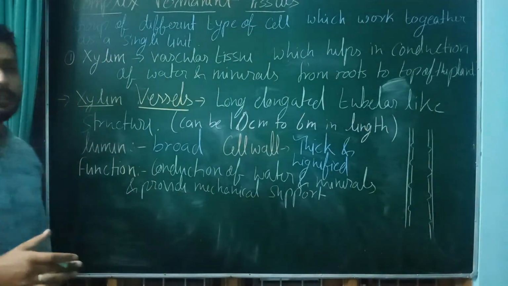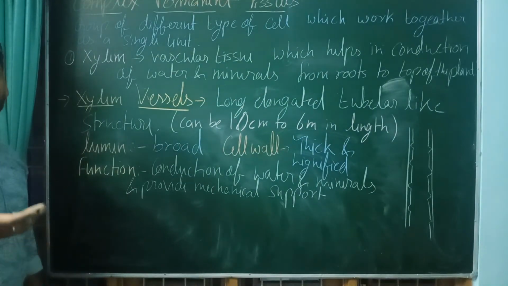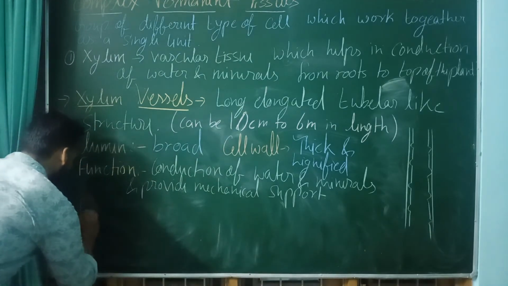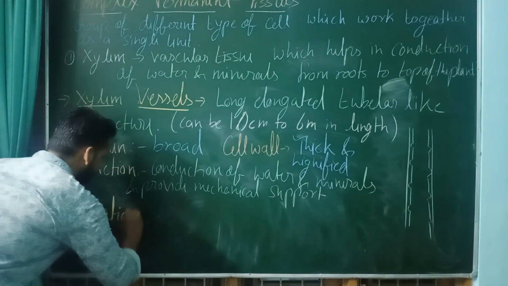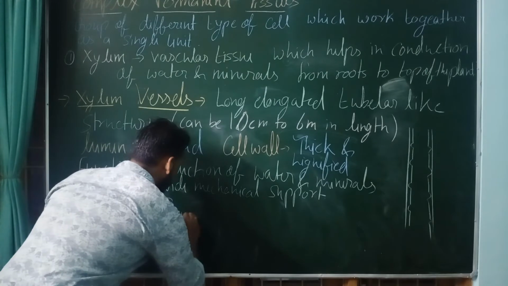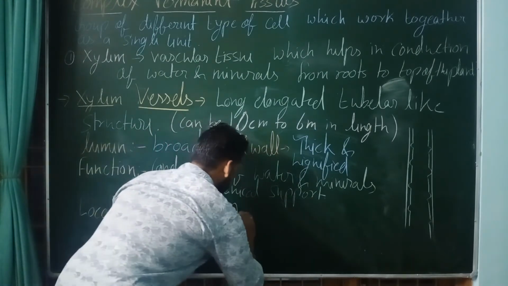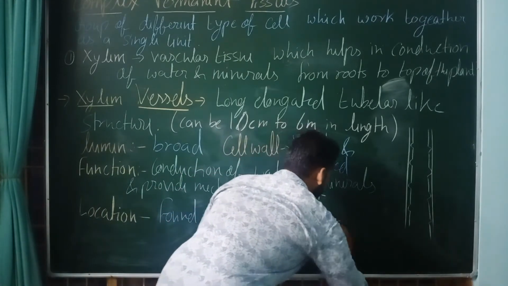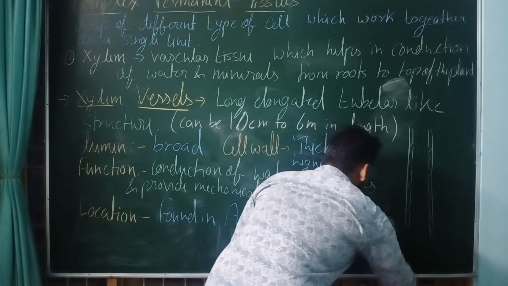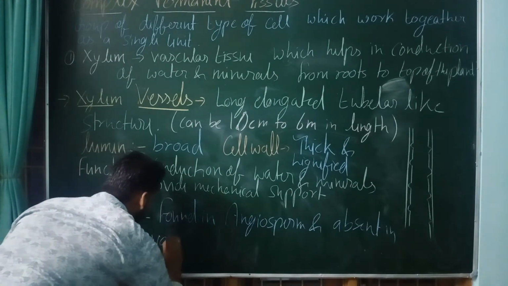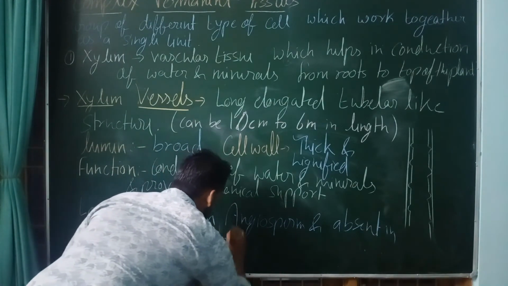As they are found in more advanced plants like angiosperms, they are not present in lower vascular plants like pteridophytes and gymnosperms. So we can write about the location also. Found in angiosperms and absent in lower vascular plants.